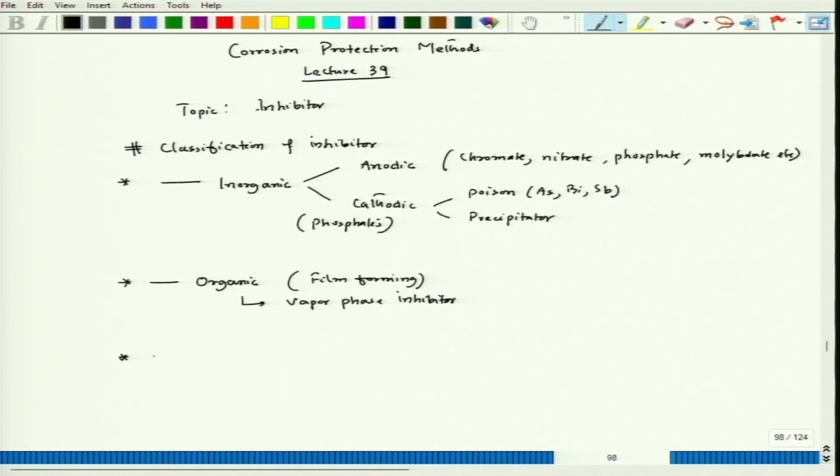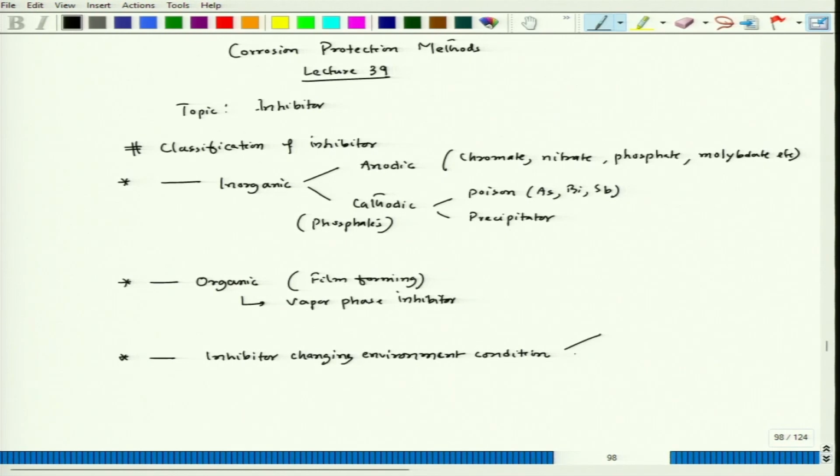Then we have another one: some of the inhibitors try to change the environmental conditions. So mainly they either reduce the hydrogen ion concentration or remove some of the corrosive agents like oxygen. So those are called inhibitors changing environment condition.